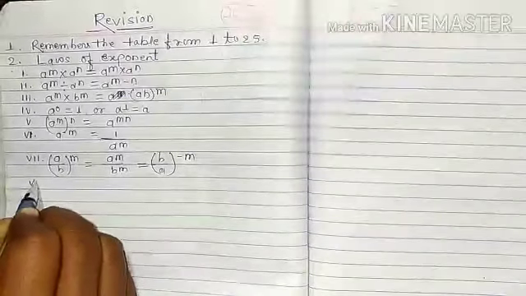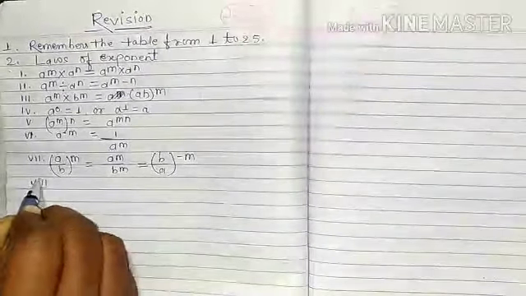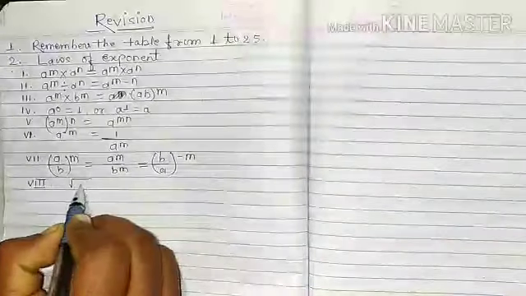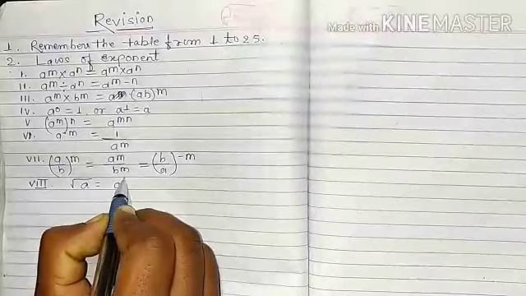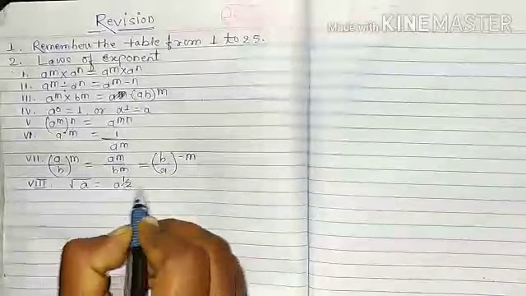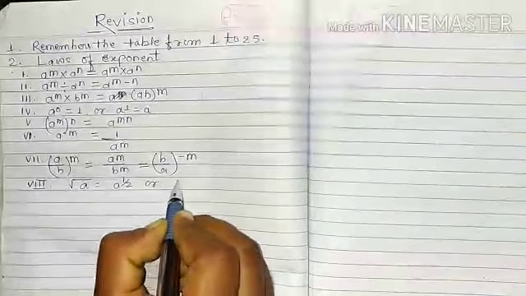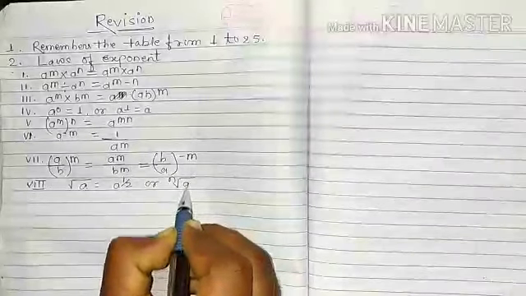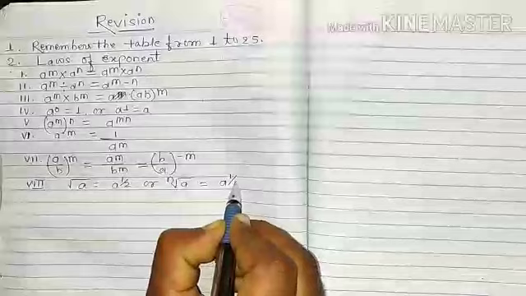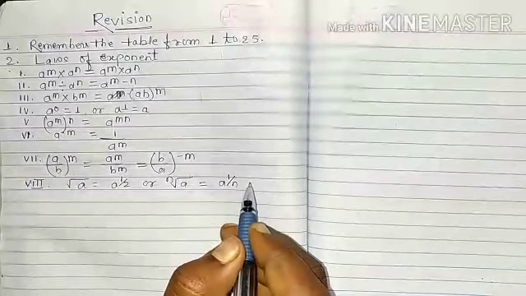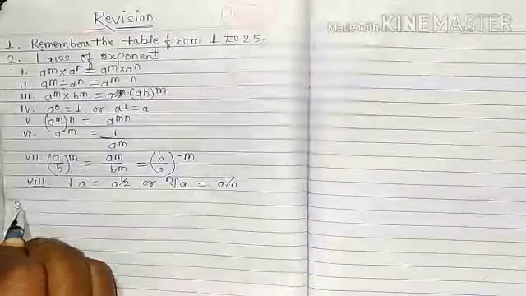Next, eighth, root over a is equal to a raised to power 1 upon 2, or nth root a is equal to a raised to power 1 upon n.